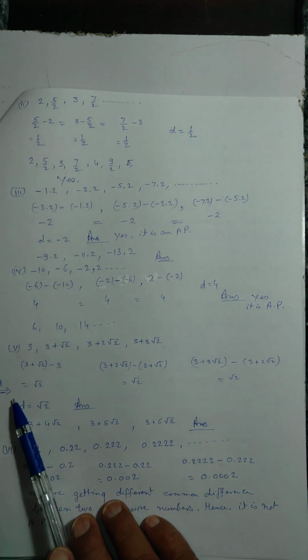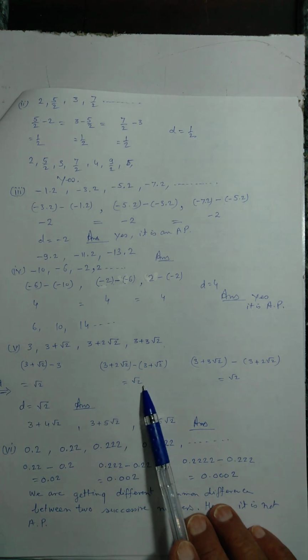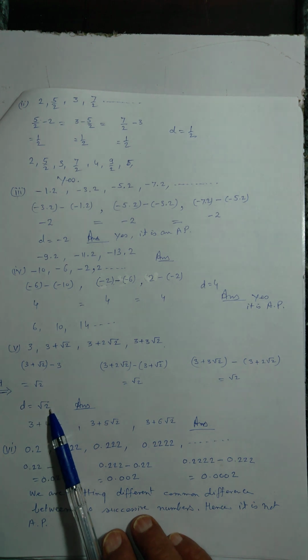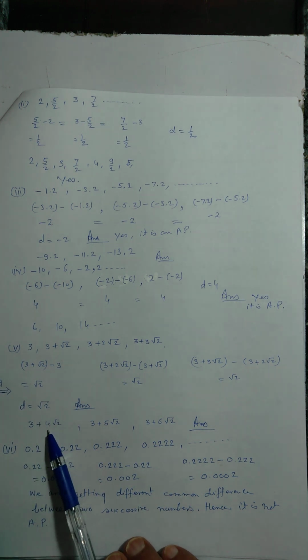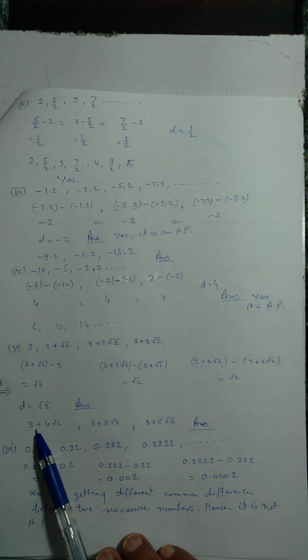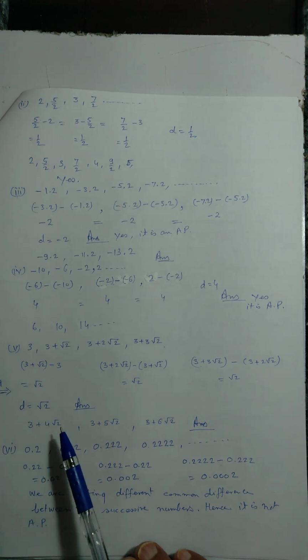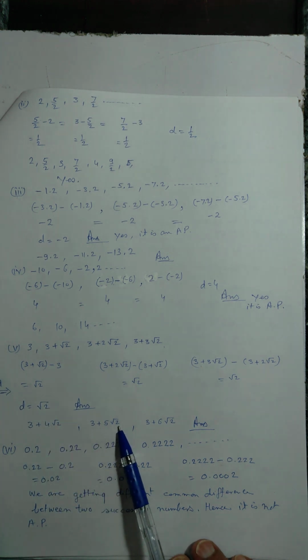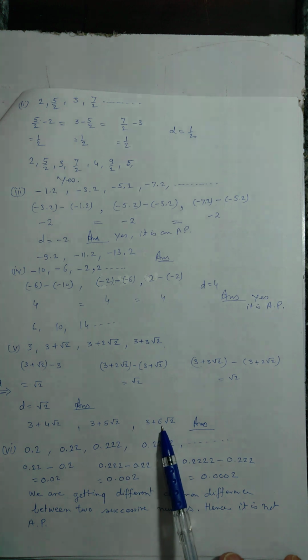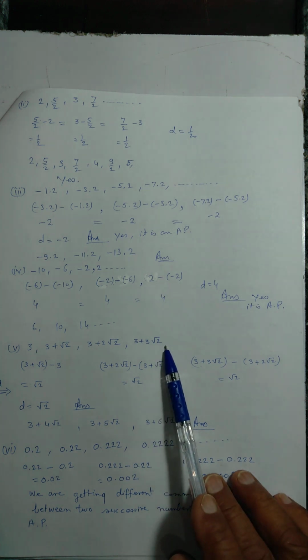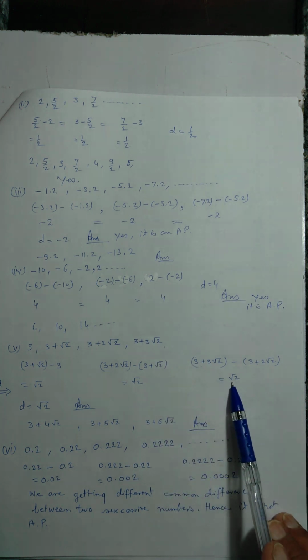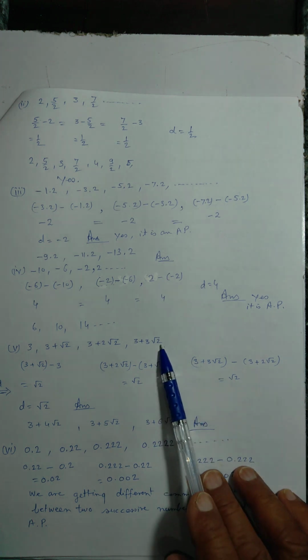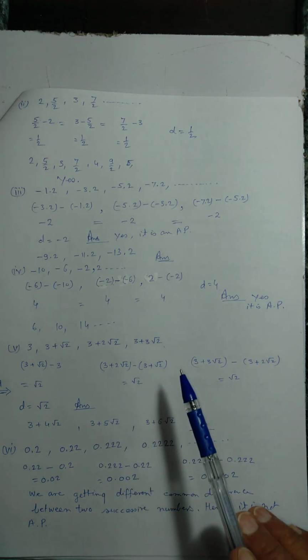That is, the common difference D is equal to root 2. So the next terms are 3 plus 4 root 2, 3 plus 5 root 2, 3 plus 6 root 2. If you keep on adding root 2 to these numbers, you will get the succeeding terms.